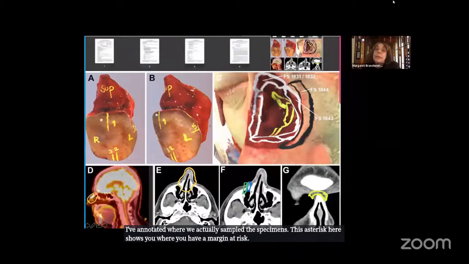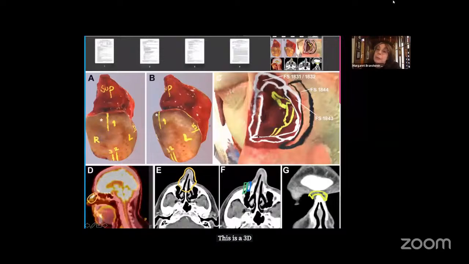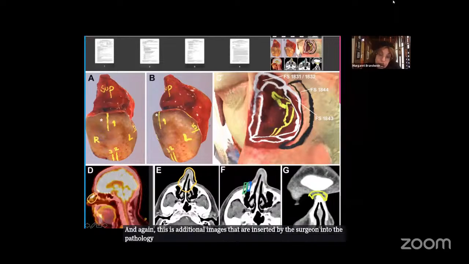This is a 3D representation of the surgical defect, outlined by the surgeon to show exactly where supplemental margins were harvested. Again, these are additional images inserted by the surgeon into the pathology report to show the radiation oncologist where there were margins of concern initially.